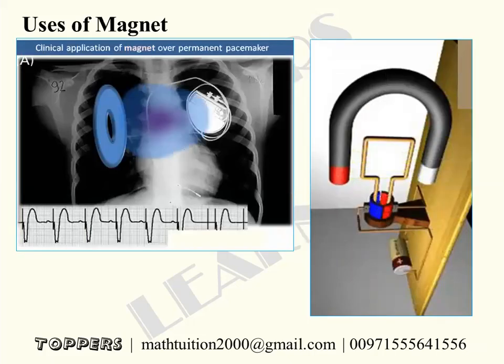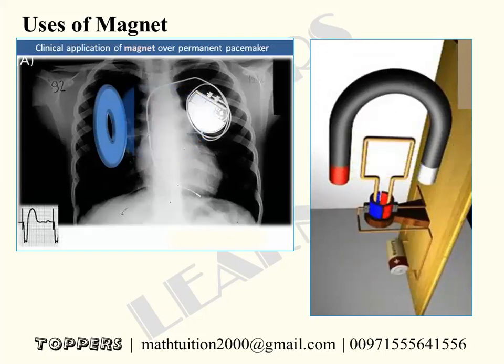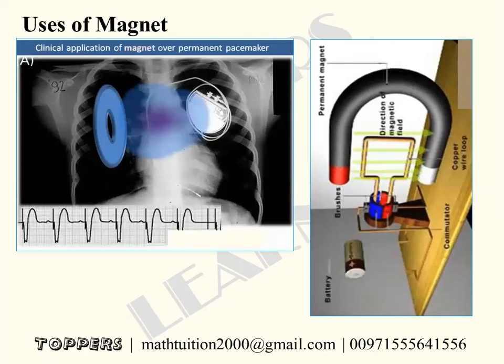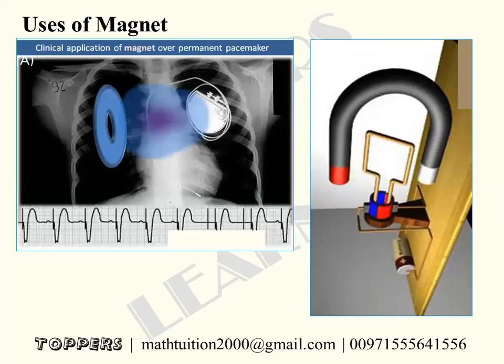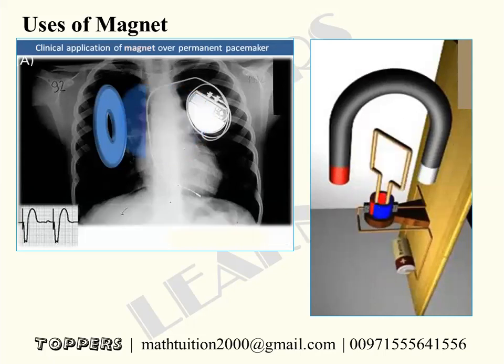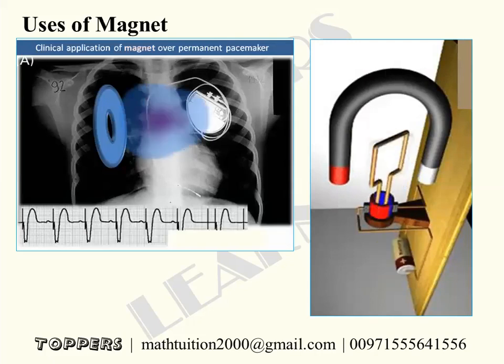See, some animation I have given you. This is the MRI scanning picture. Here you can see a battery is connected, right? So a coil is rotating. A coil is placed in a magnetic field of a U-shaped magnet, right?